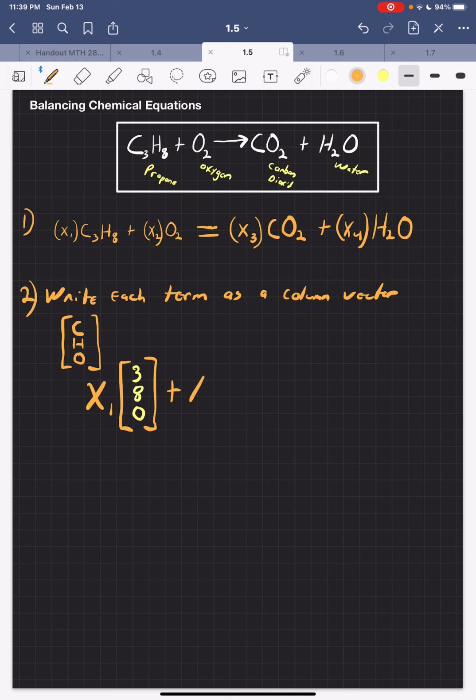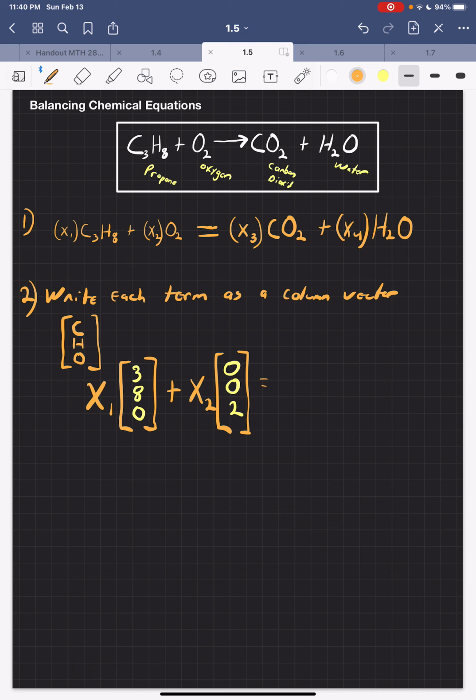All right, plus x sub 2. And now let's look at the next term. Here I have O2. I just have 2 oxygen atoms, but I have 0 carbon atoms. I have 0 hydrogen atoms, and of course 2. I started to use the yellow color. Let me continue. So 0, 0, 2.